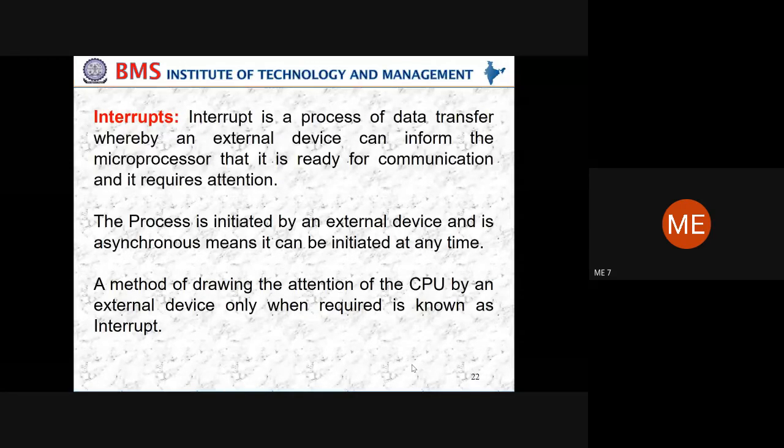The interrupt comes into the picture when an external device, other than the microprocessor, wants the attention of the microprocessor. Then that data transfer happens through the signal called the interrupt signal.